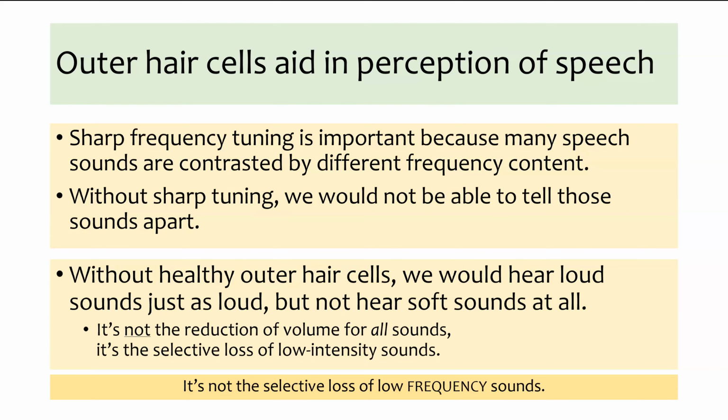We can go on and on about this in further detail, and in fact there are whole classes and whole lines of work devoted just to the function of the auditory system. But just to recap here, we're thinking about tonotopicity, asymmetry, and fine structure on the basilar membrane, and then underneath that basilar membrane we have outer hair cells which amplify low intensity sounds and sharpen the representation of frequency.